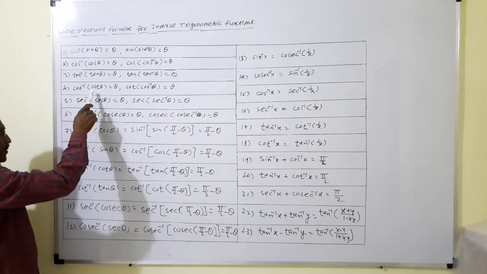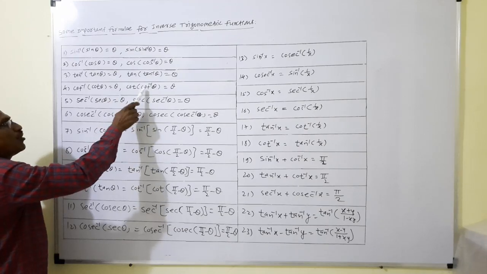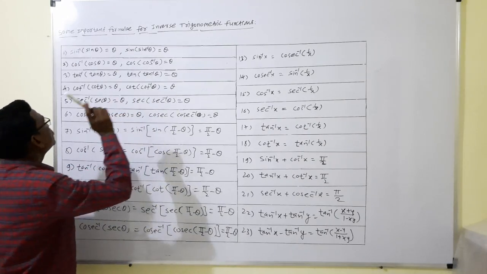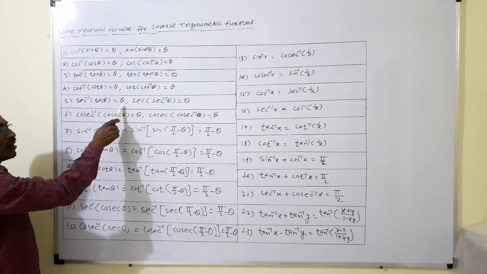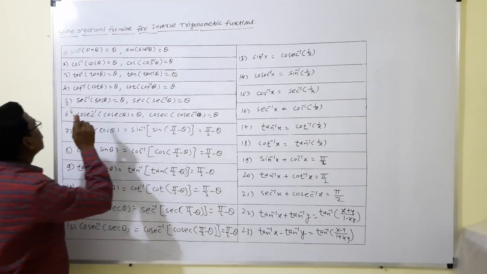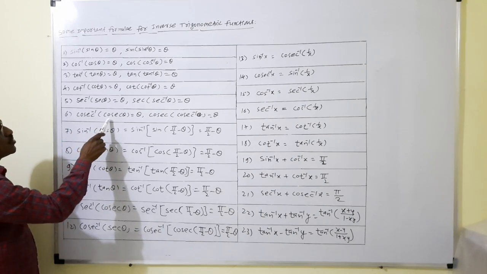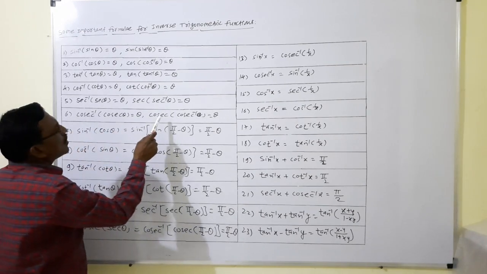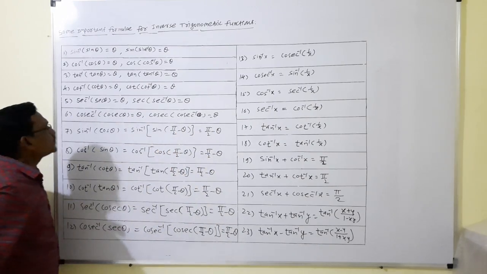Cot inverse of cot theta is theta, and cot of cot inverse theta is theta. Sec inverse of sec theta is theta, and sec of sec inverse theta is theta. And last, cosec inverse of cosec theta is theta, and cosec of cosec inverse theta is theta.